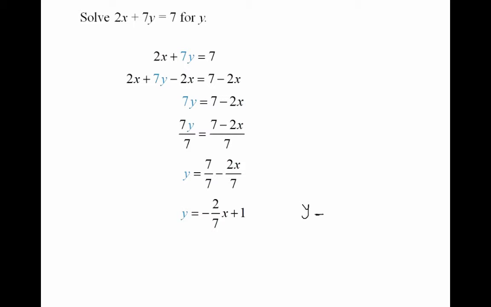Later we'll see this is y is equal to mx plus b, where m is the slope of the line and b is the y-intercept. We'll talk about that later, but this is how you would solve for y in this formula.